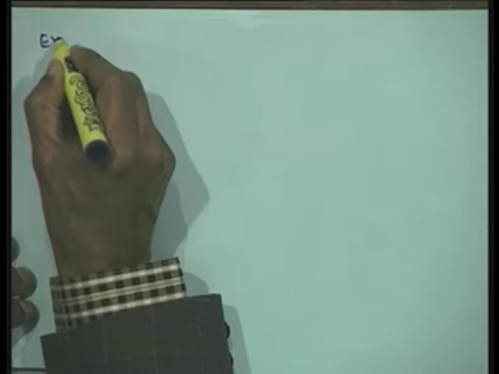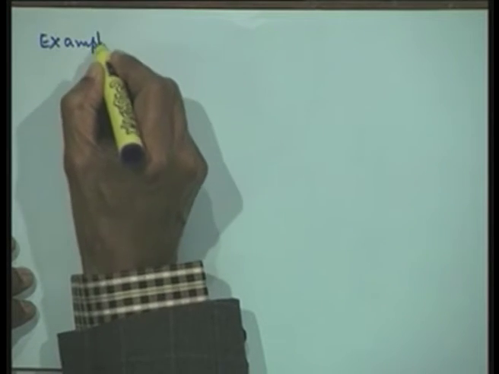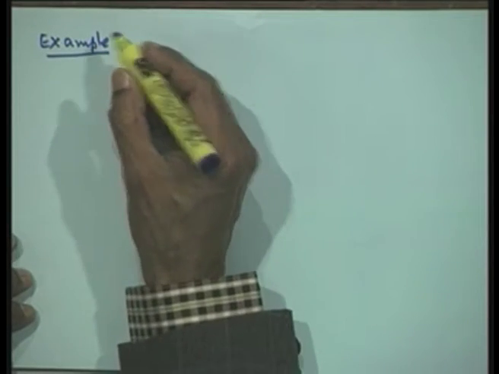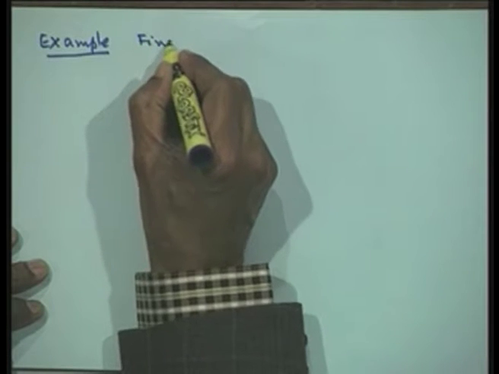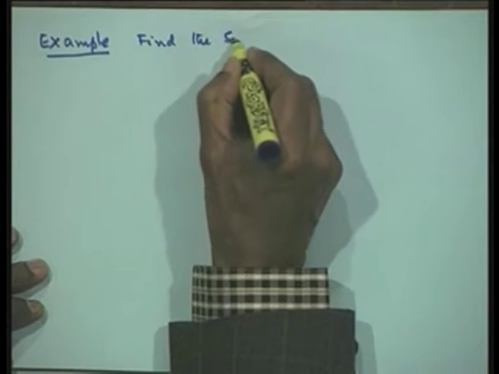Now, before I discuss the error analysis of this, let us take a simple example for successive over relaxation. Find the solution of the system of equations.